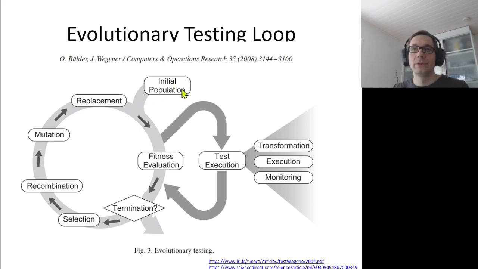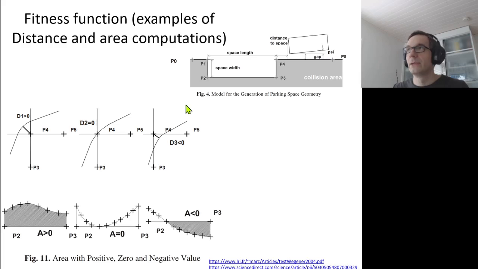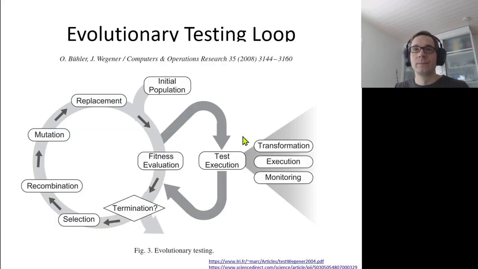So typically you initialize the population at random. What does this mean? Basically you take the starting test cases at random. So you initialize all these values: space width, space length, distance to space, gap, psi. You initialize them at random.